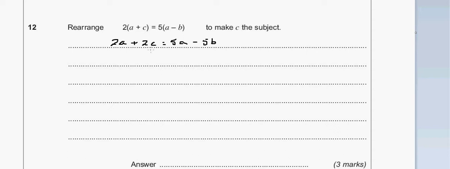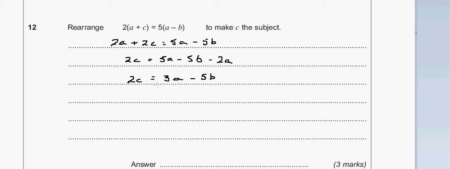So this 2A we want to move because we want to make C on its own. So we have 2C equals 5A minus 5B minus the 2A that we've moved over. Now we have 2C equals, now we have 5A and we've got to subtract 2A, so this gives us 3A minus 5B.